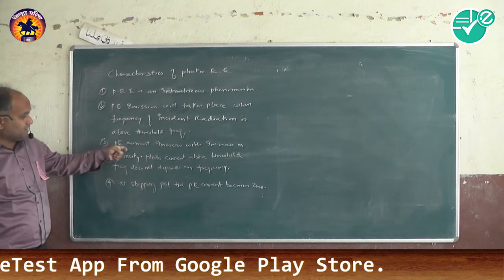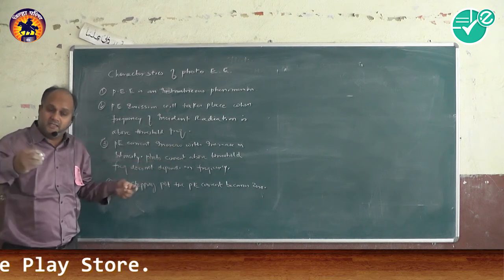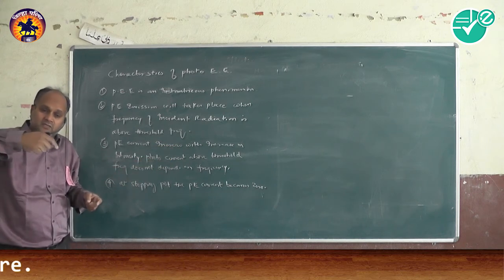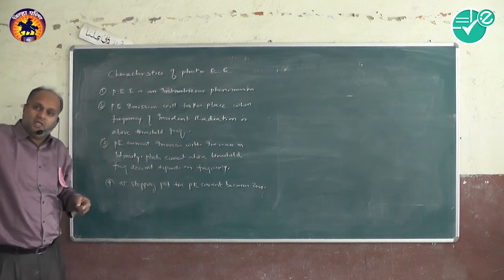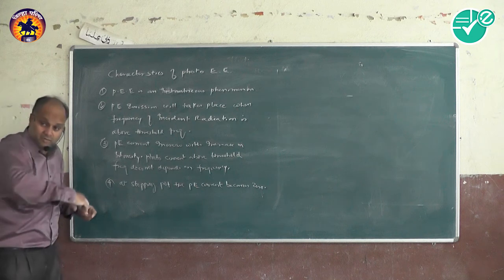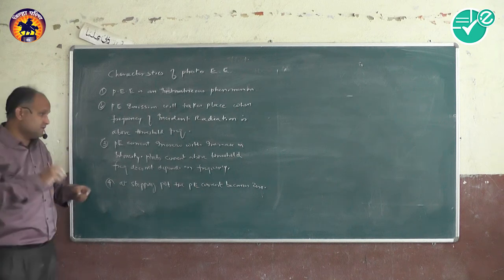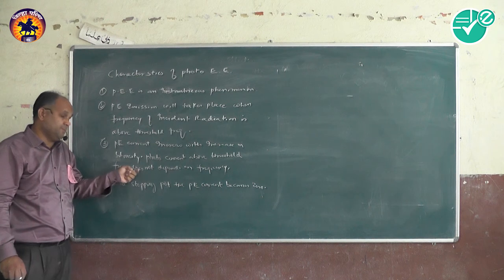Photoelectric current increases with increase in the intensity, and intensity means one radiation takes out one photon, two radiations take out two photons. If I increase the intensity, the number of photons emitted also increases. So photocurrent depends upon intensity, it does not depend upon frequency.